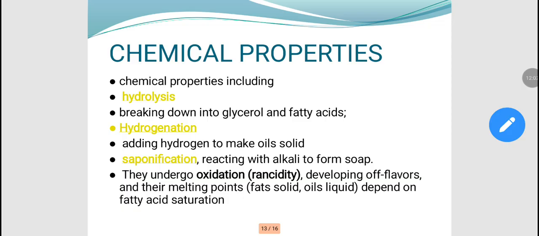Hydrogenation: adding hydrogen to make oils solid. Saponification: reacting with alkali to form soap. They undergo oxidation, which means rancidity, developing off flavors, and their melting points depend on fatty acid saturation.